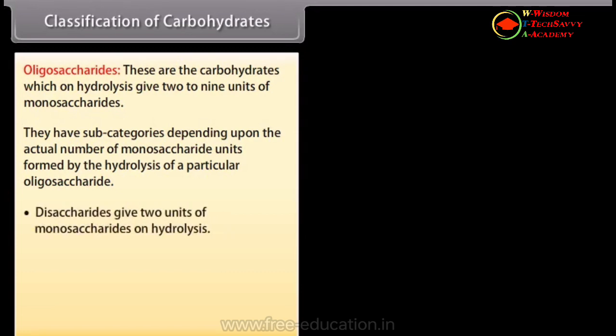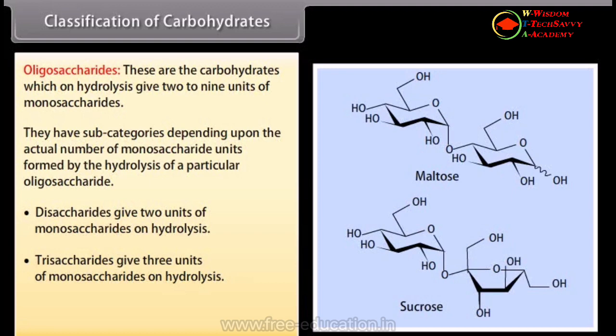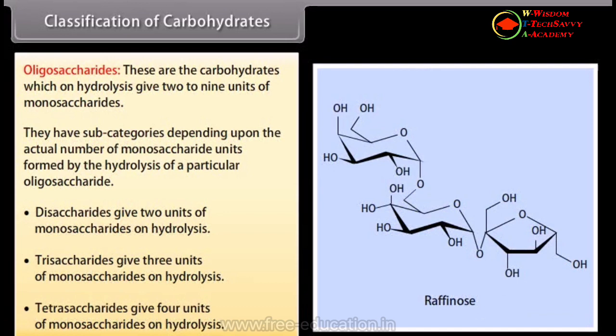Disaccharides give 2 units of monosaccharides on hydrolysis. For example, maltose and sucrose. Trisaccharides give 3 units of monosaccharides on hydrolysis. For example, raffinose. Tetrasaccharides give 4 units of monosaccharides on hydrolysis.